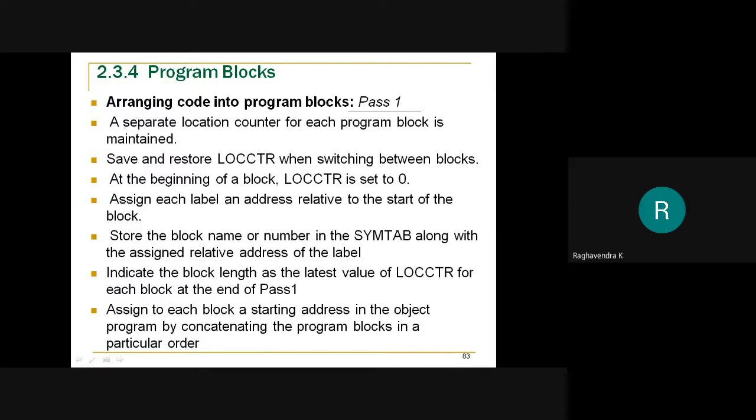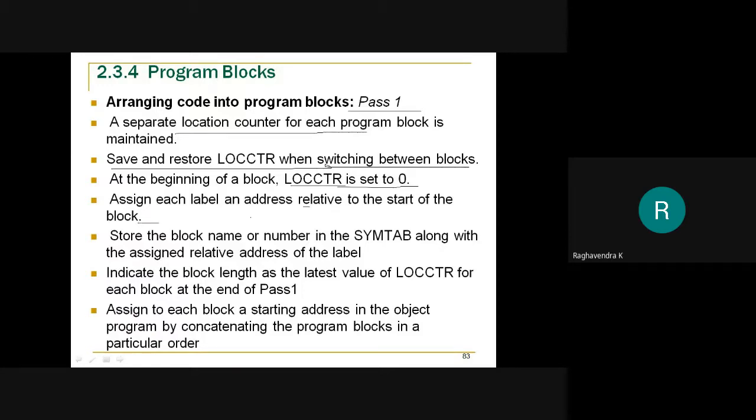One thing is that a separate location counter is going to be maintained for each block, because we need to keep track of every block. A separate location counter is going to be initialized. We are going to save and restore the value of the location counter whenever we are switching between the blocks. I'll show you how. At the beginning, each location counter is set to 0, and we will assign the label values, the address relative to the start of that particular block.